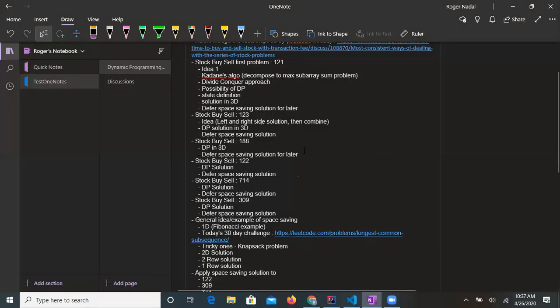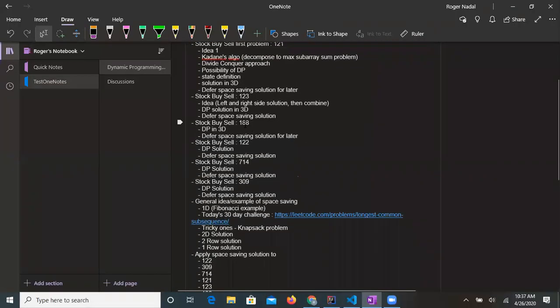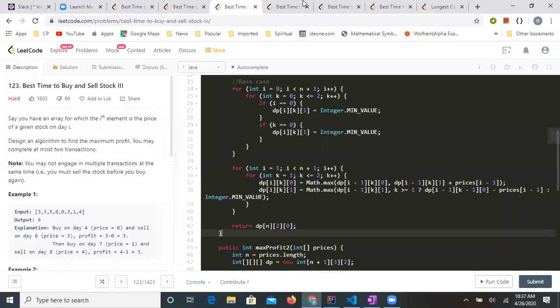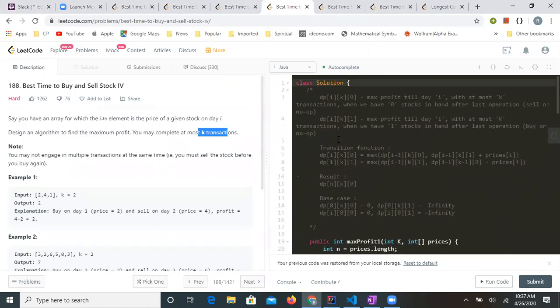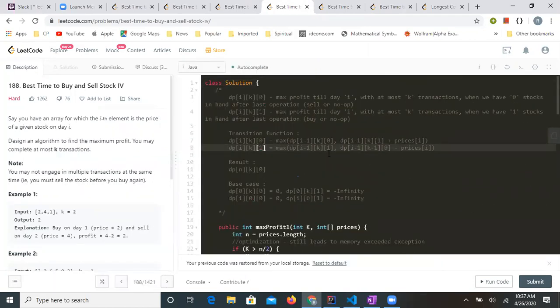Okay. Then I wanted to do stock buy sell 188. 188 is actually the problem for which we did all this. There could be at most K transactions, not just one or two. Is there anything changed here?